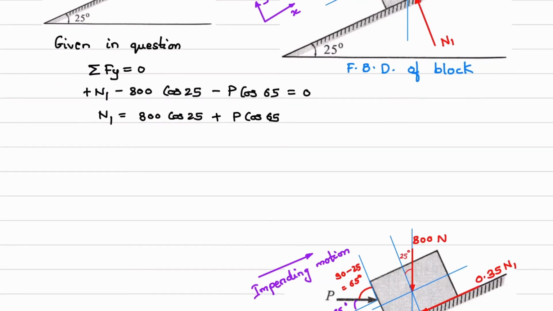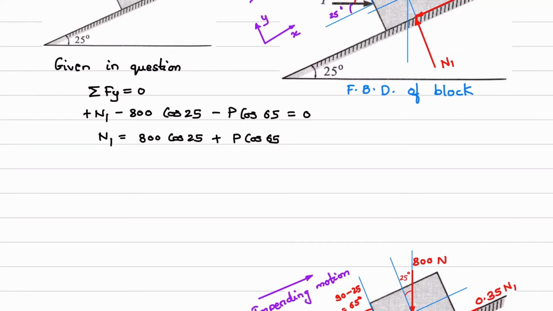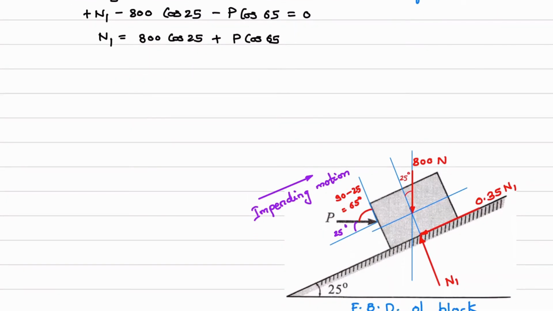Now we will use summation Fx equal to 0. All the forces towards right we are considering positive and towards left we are considering negative. So first force we will consider is the x component of P, it is towards right. So plus P sine 65.